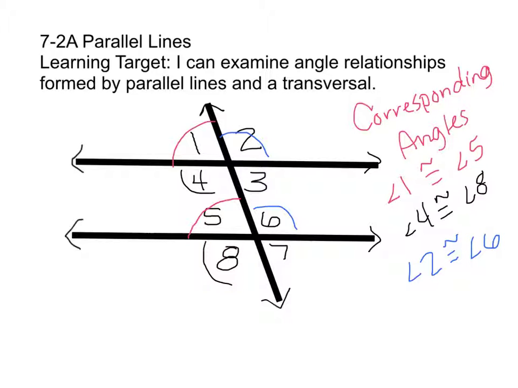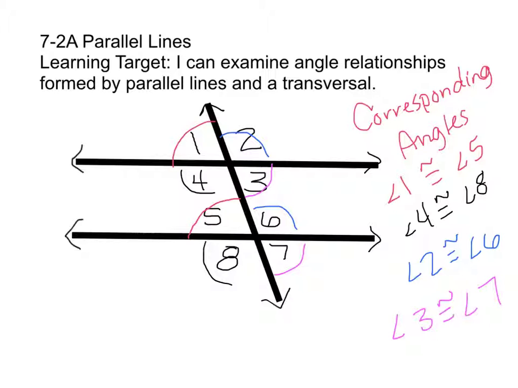And I don't have any other color I can use here. Maybe I can get a pink. There we go. Angle 3 is congruent to angle 7.